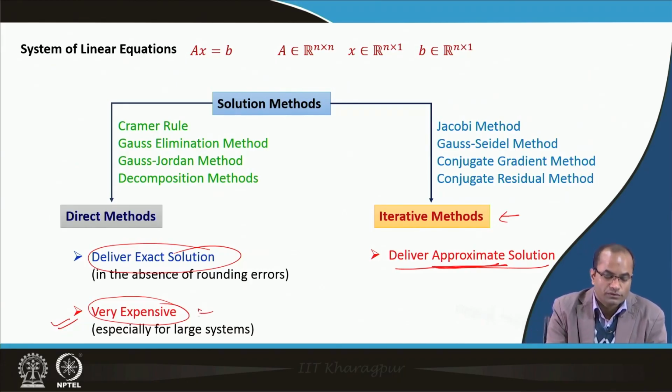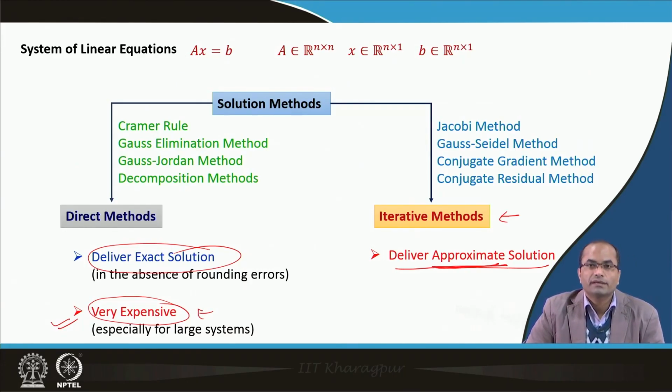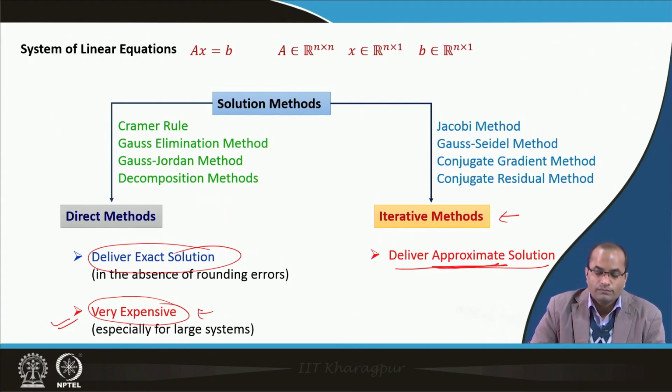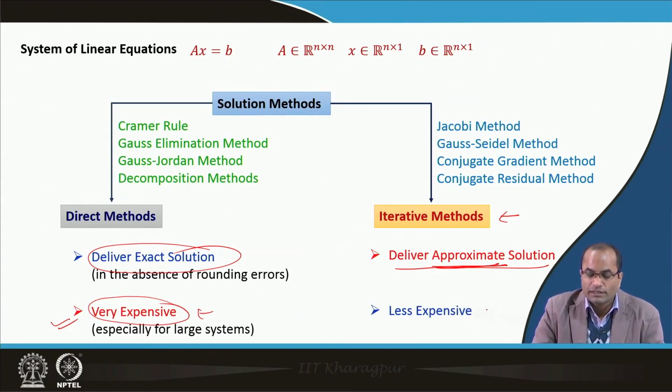Then it is almost impossible to work with the direct methods, because they are very time consuming, and that is the reason that most of the time for practical problems we go for iterative methods, because they are less expensive, and through these iterations we can really solve a very large system where the direct methods are restricted to very small systems of dimension 30, 40 or 50 whatever. But when we have the order in thousands or lakhs, then we go with these iterative methods.